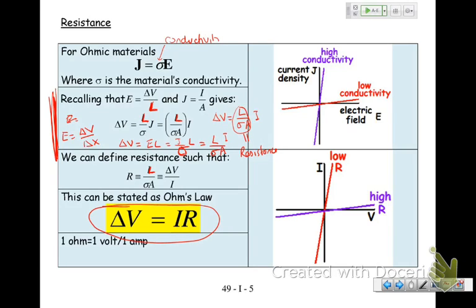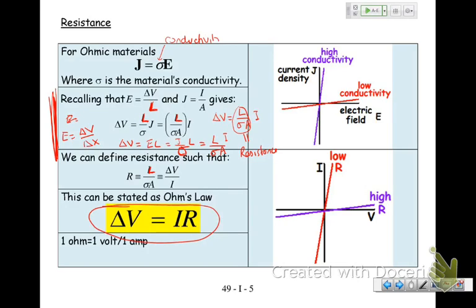You're going to use this all the time. So delta V, which is like water pressure, is I, which is like water flow, times R, and R is like the resistance, the thinness of my straw.